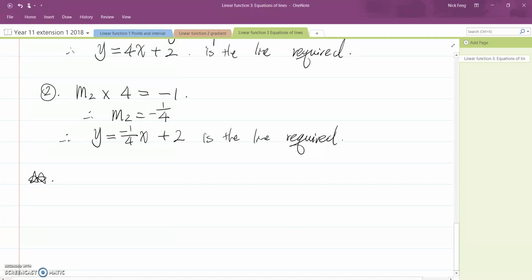Now, we have introduced the gradient intercept form of a straight line. The next important form we use all the time in coordinate geometry is called the general form.